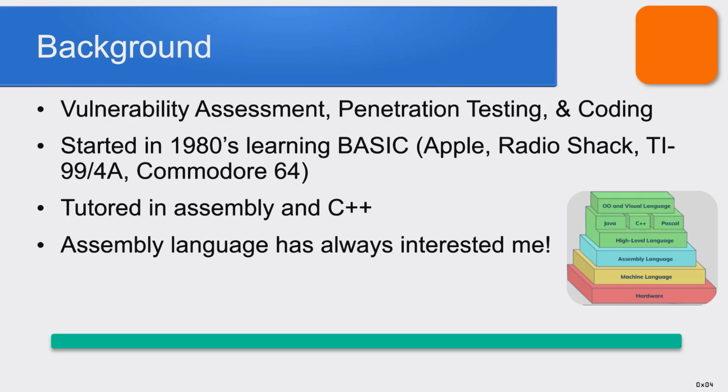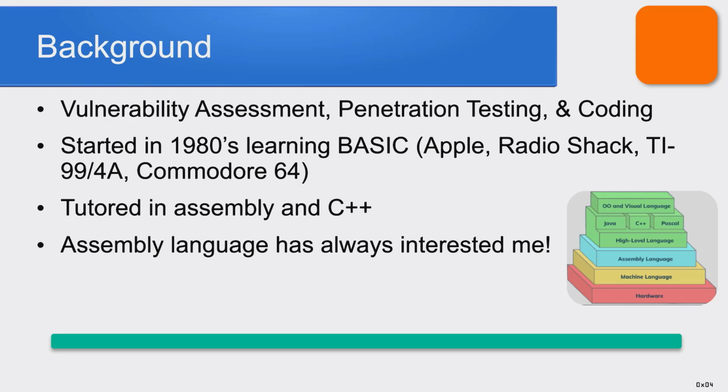Now, I started in the 80s learning BASIC, Beginner's All-purpose Symbolic Instruction Code. I worked back then on Apple IIe's, Radio Shack TRS-80s, the Texas Instruments TI computer, as well as the Commodore 64.